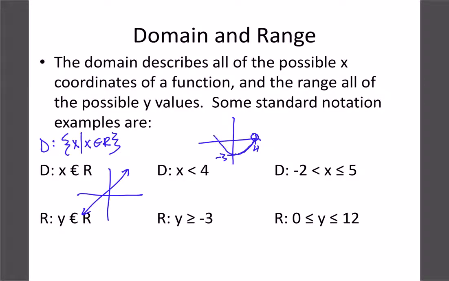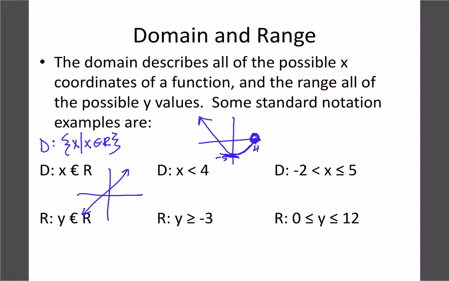I'll do it as a quadratic or something like that, and then it carries on forever. A couple things to remember from earlier math classes: when it's less than, that means that point wasn't included, so that's why I drew it as an open dot. And if it's greater than or equal to -3, that means the graph touched -3, it actually included -3, and then it did everything above it.